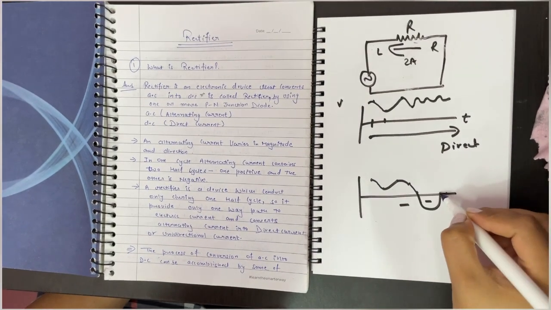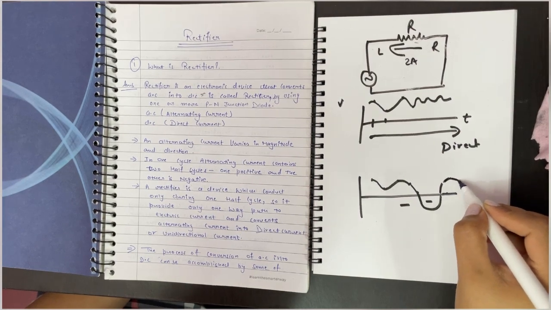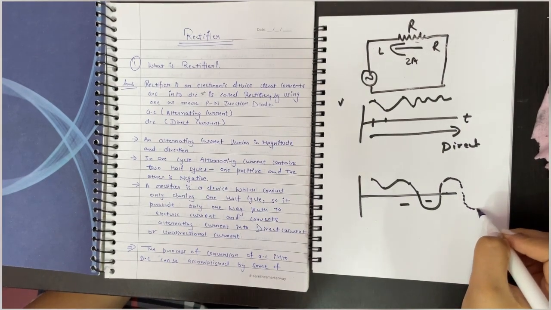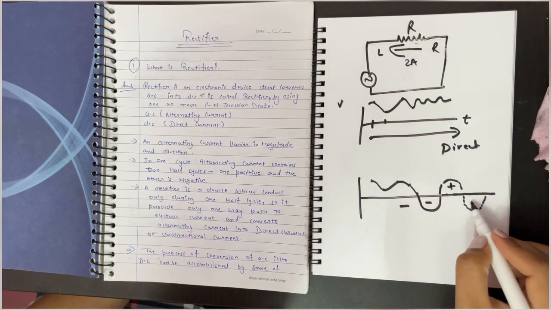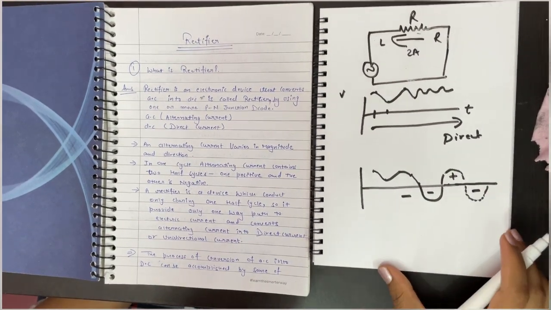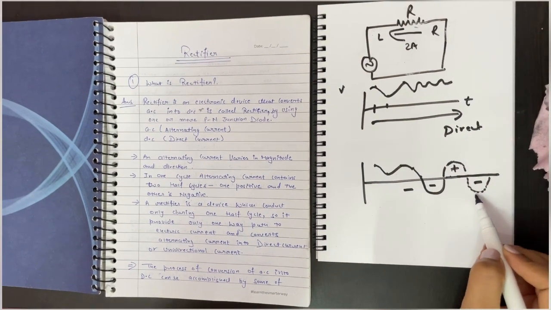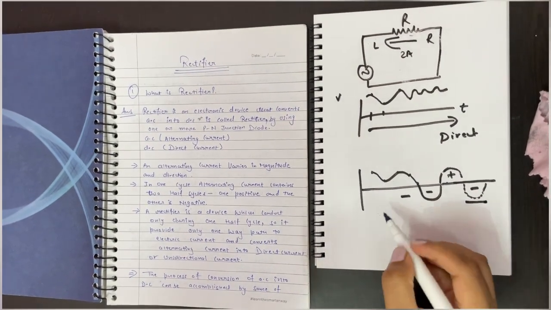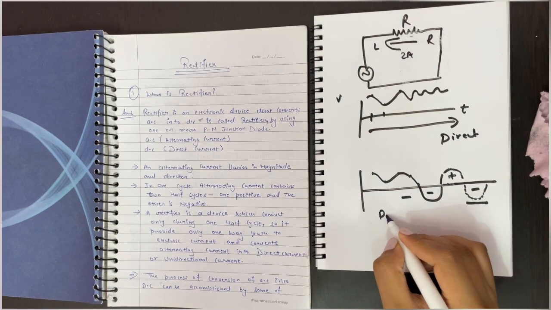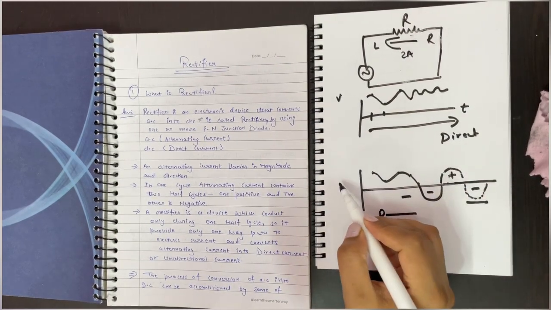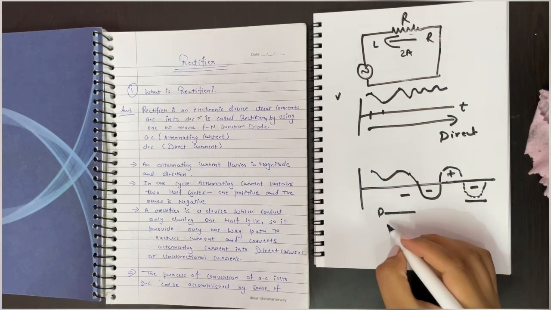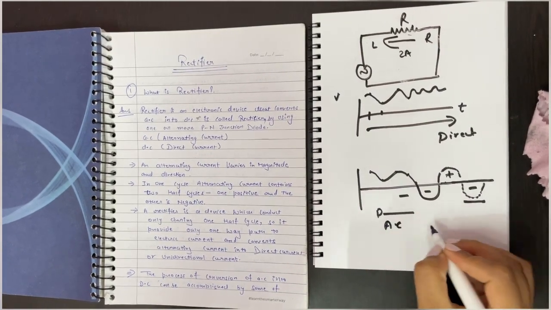So again current is flowing in this direction and this direction. So alternating current has fluctuating nature and it has two half cycles, one is positive and the other is negative. In this direction the current is changing from positive axis to negative axis, which varies in magnitude also. So this is alternating current.